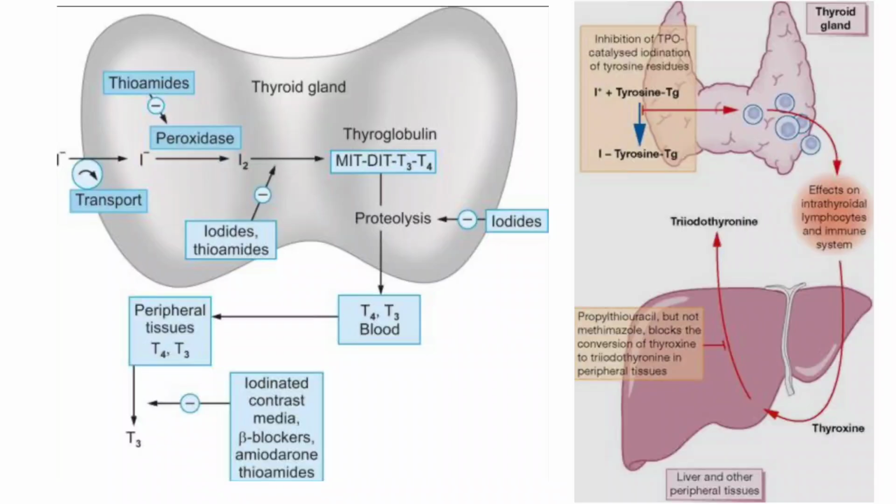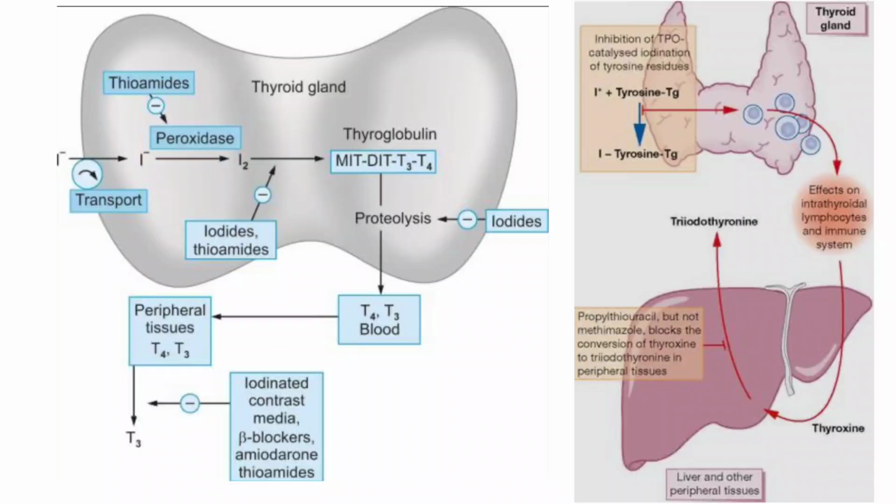So this I2 binds to thyroglobulin and forms MIT, DIT, T3, T4. Now this MIT-DIT complex undergoes proteolysis to form T4 and T3, which are released into the blood. Now these T3 and T4 reach the peripheral tissues where T4 is getting converted to T3, and this T3 is the active form which is going to act.